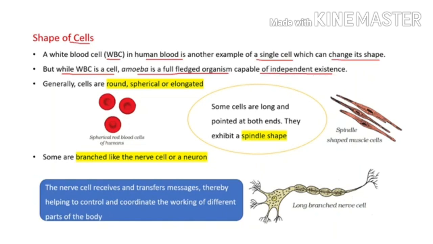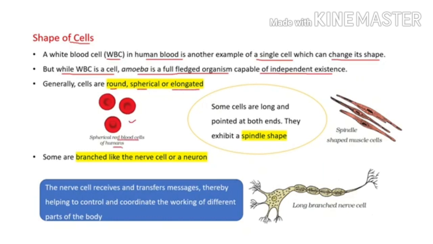Generally, we see cells in round shape, spherical or elongated shapes. Spherical shaped are red blood cells present in human blood, which we call RBCs or erythrocytes. These are spherical.